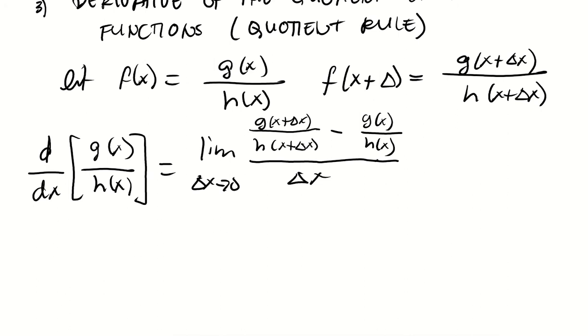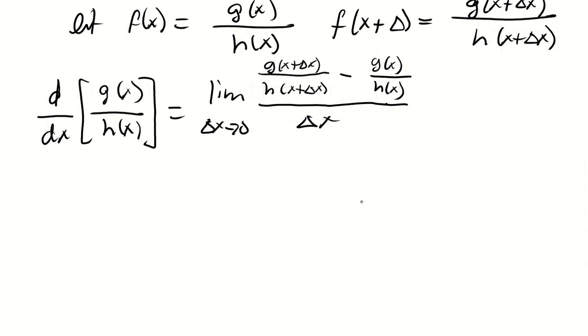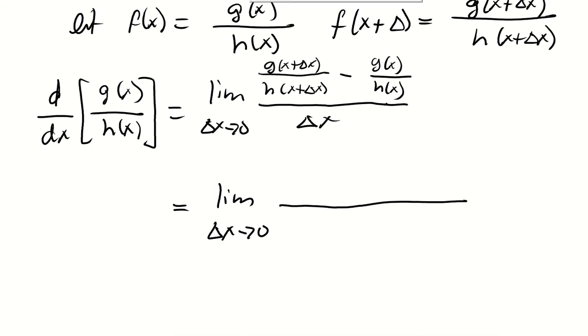Then we can now simplify this one. So first, the numerator, we can take the LCD, we can subtract them. So what's the LCD? We just multiply the denominators.